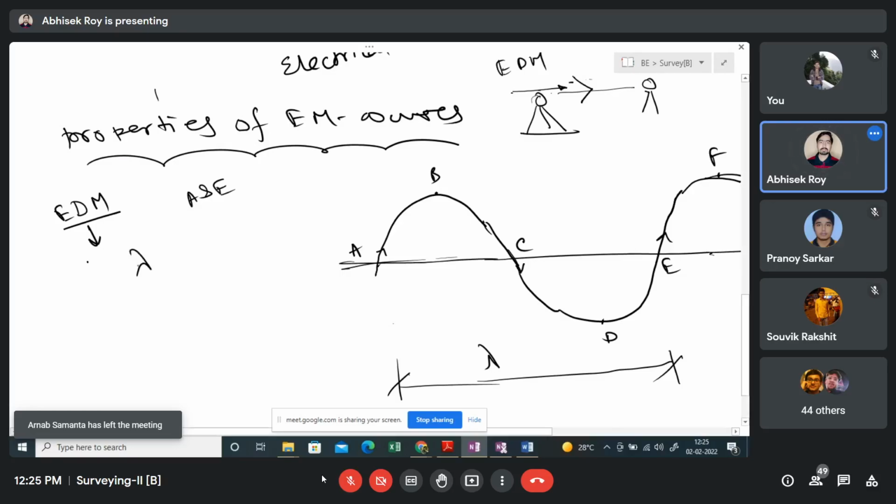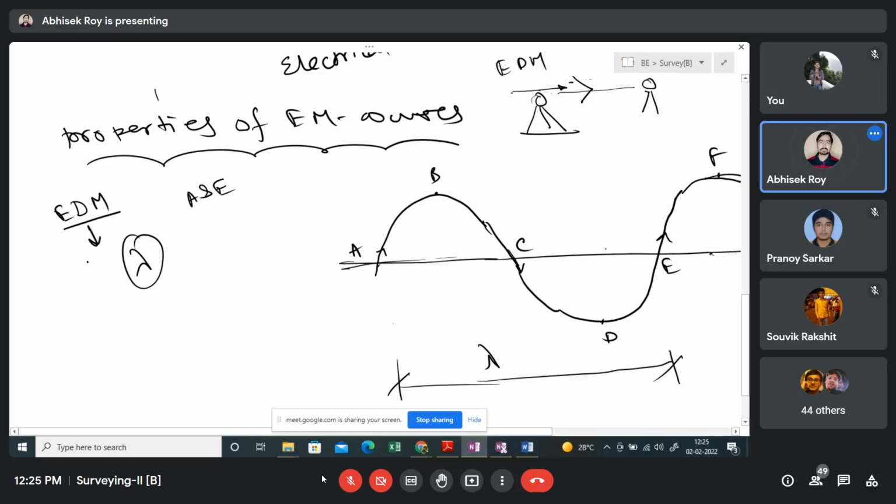Wavelength is the difference between similar points. Is it clear? So one wavelength is the distance between A and E.